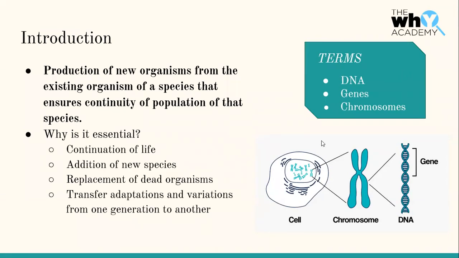It is basically the production of new organisms from existing organisms of a species that ensures continuity of the population of that species. So basically, reproduction is nothing but a way to continue the species. I was supposed to ask you this as a question, but I pressed the slide and all the points came. Okay, not to worry.